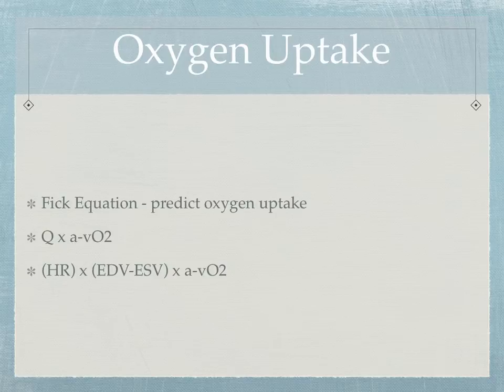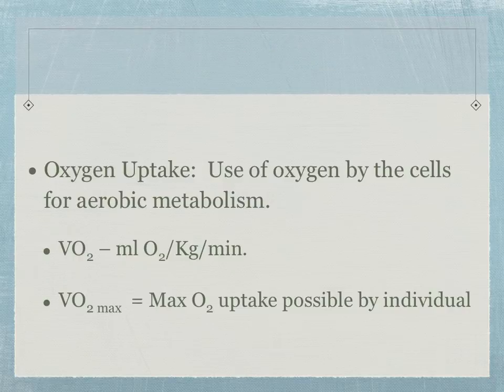up by the body. We usually express oxygen uptake as milliliters of oxygen per kilogram of body weight per minute. When we talk about someone's VO2 max, that's the maximal amount of oxygen that a person can consume or use.